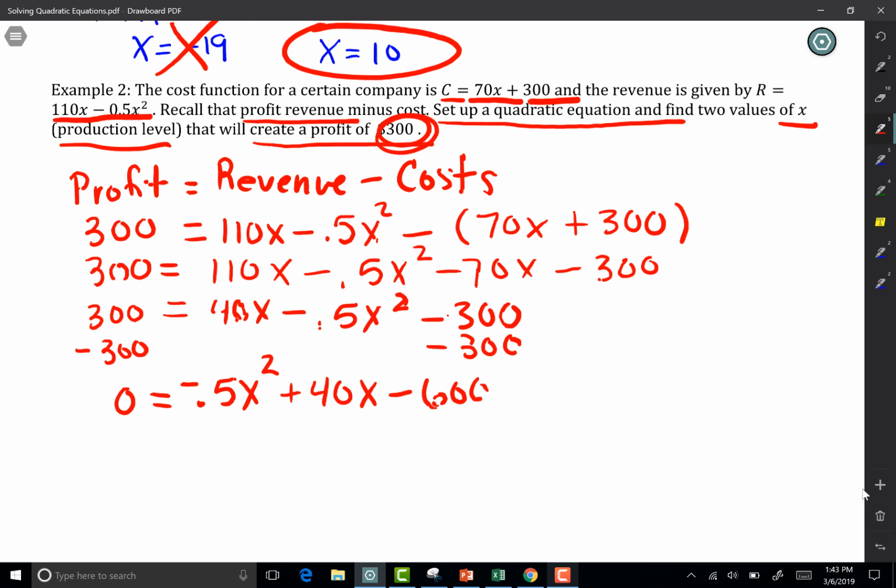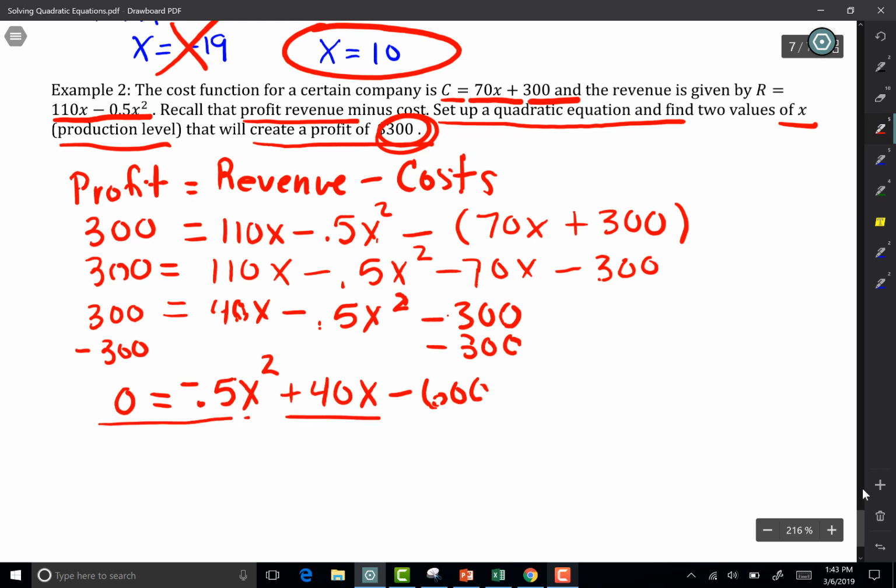Okay, now if I'm going to try to factor this, I want to get rid of that negative 0.5 in the front. I'm going to divide the whole equation by negative 0.5 to see if I can make this a little bit easier. So 0 divided by negative 0.5 is still 0.